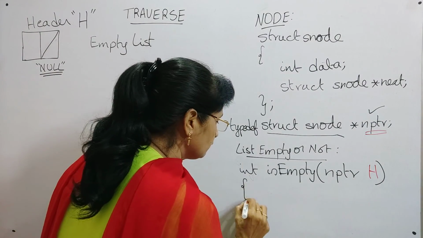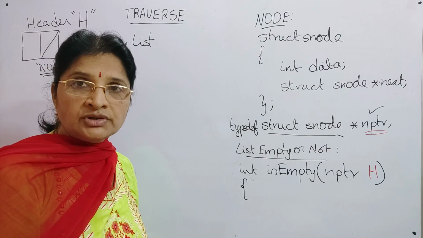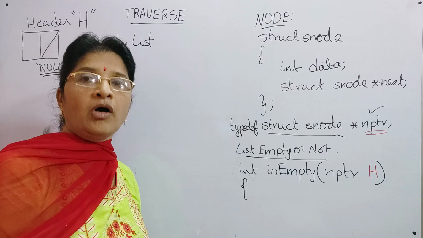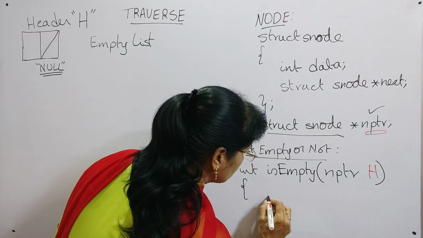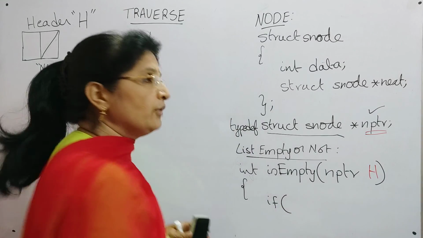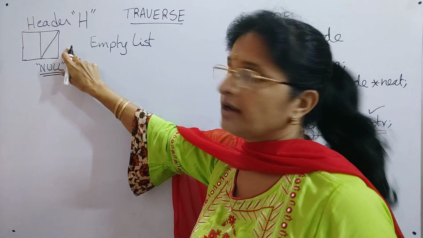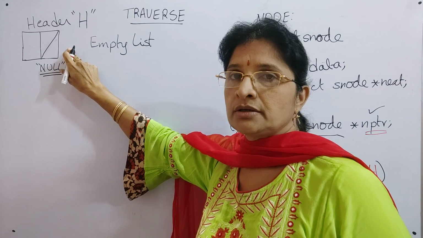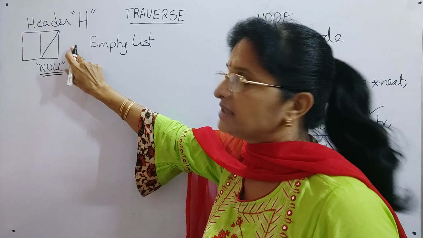Once the header is passed to the function, that is, this node address is passed to the function, in this function you have to check whether the list is empty or it contains some nodes. How can you check whether the list is empty or not? For example, this is a list with no nodes, that is, an empty list.